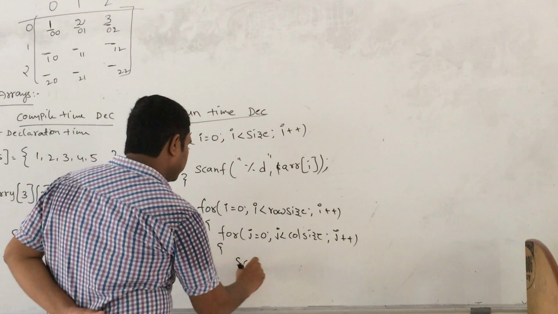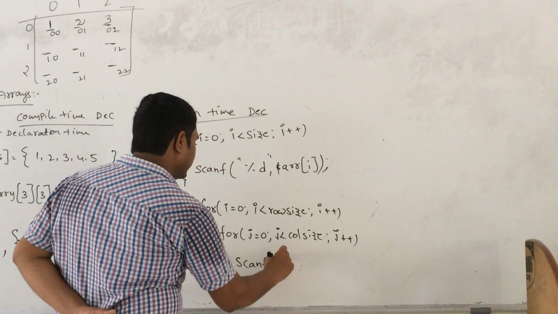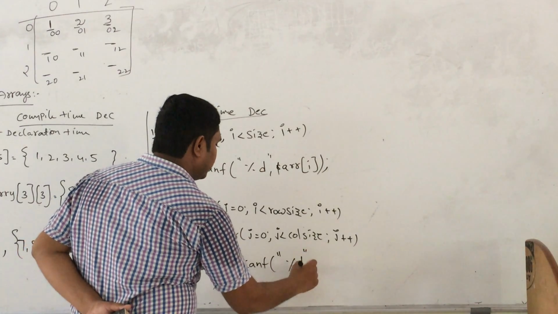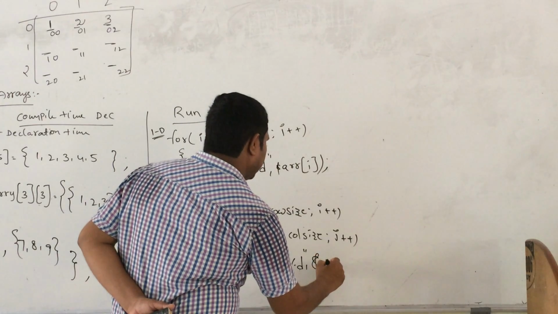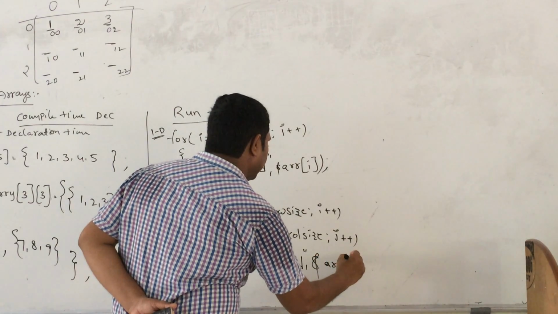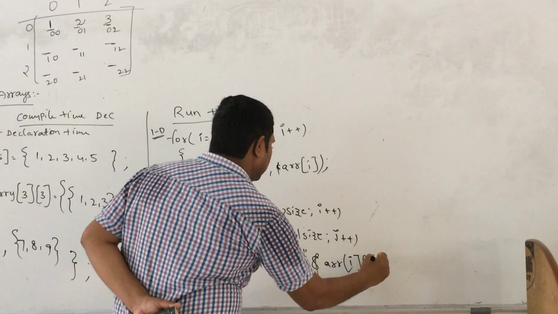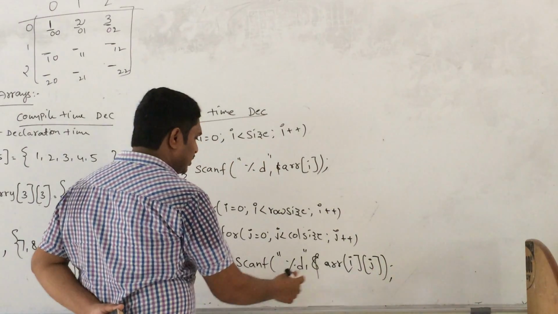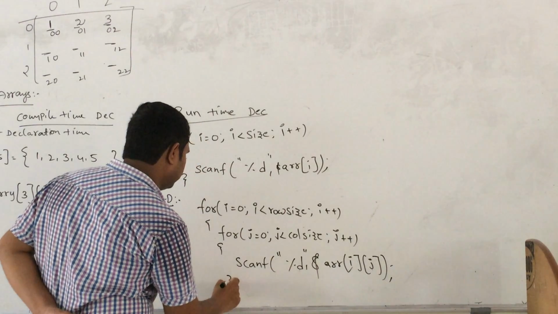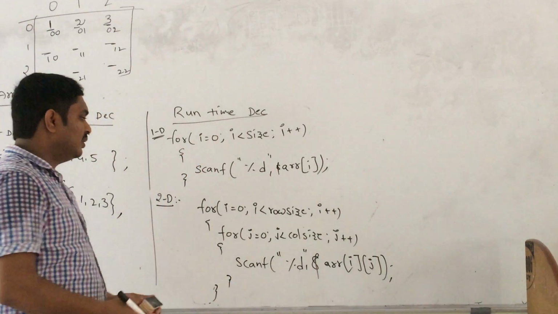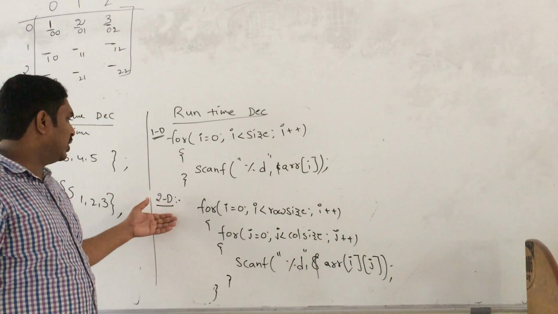In the inner for loop we write the scanf function, scanf percent d ampersand array of i j. That means we are storing the values at the ith row and jth column. So this is the for loop representation of a two dimensional array.